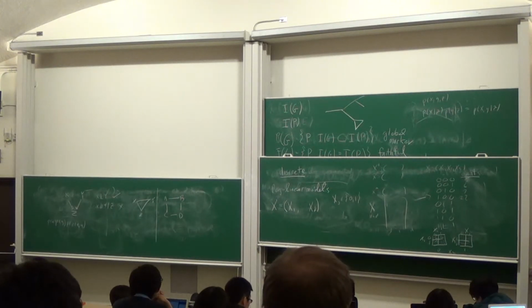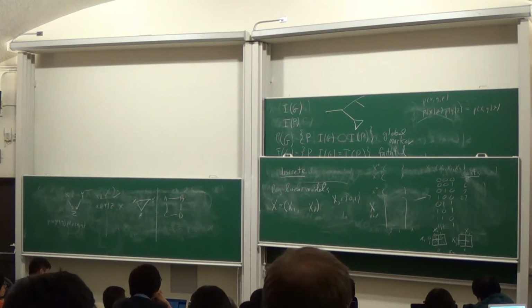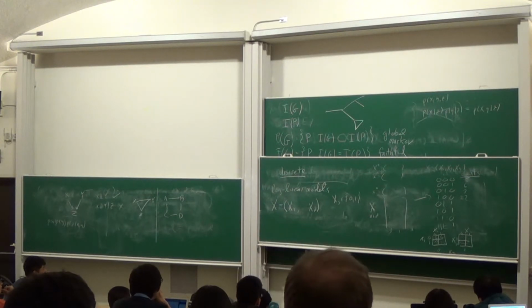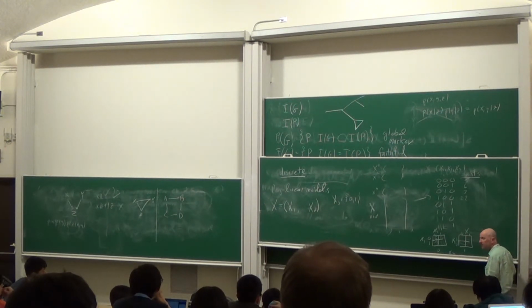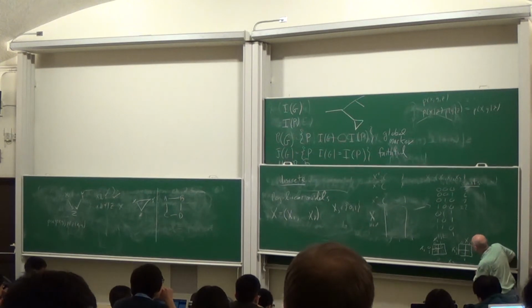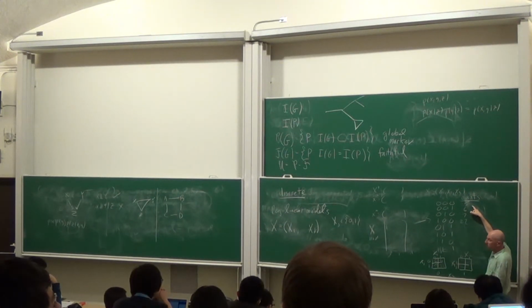However, notice the following observation. How many parameters are in this model? How many things do I actually have? There's 8 parameters, right? This is actually a multinomial. 7, really. This is a multinomial with 2 to the d categories.